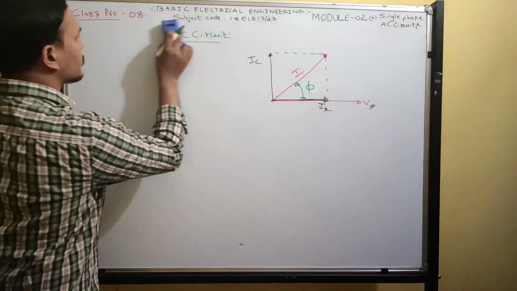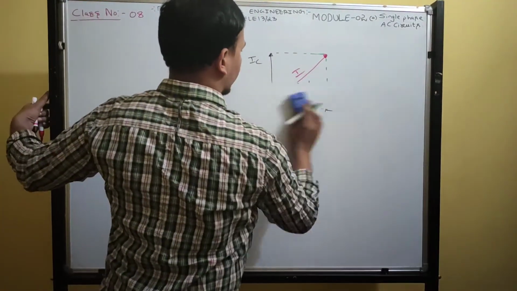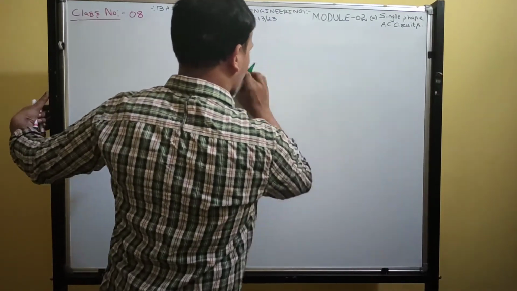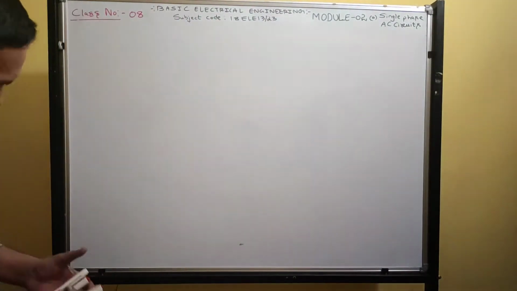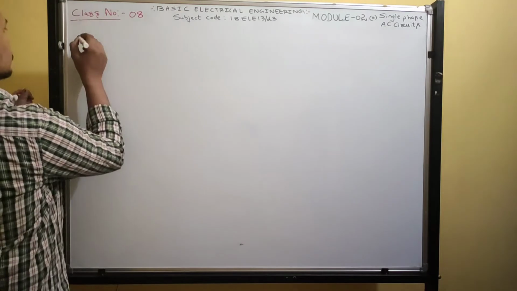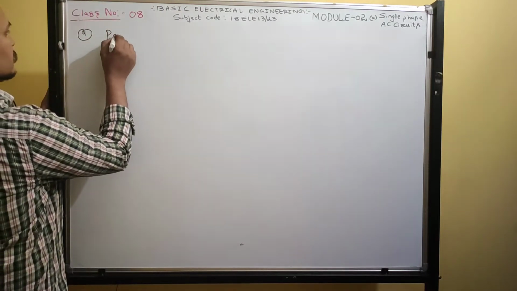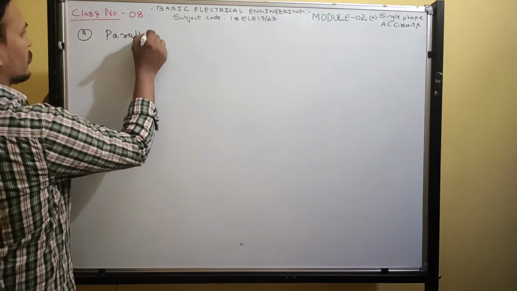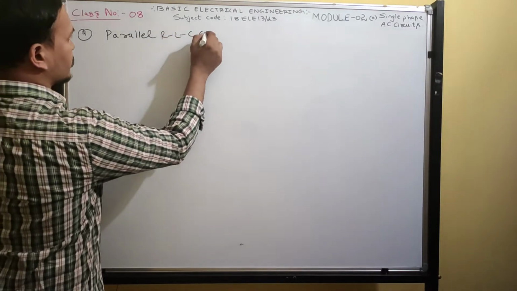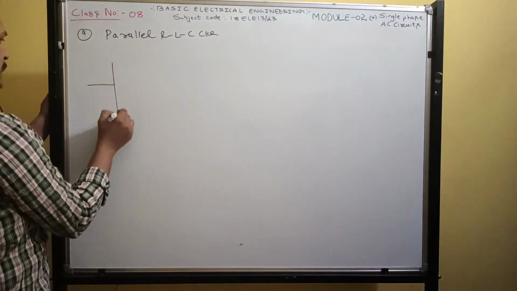Next one is the last circuit, that is the parallel RLC network. How will the circuit be?